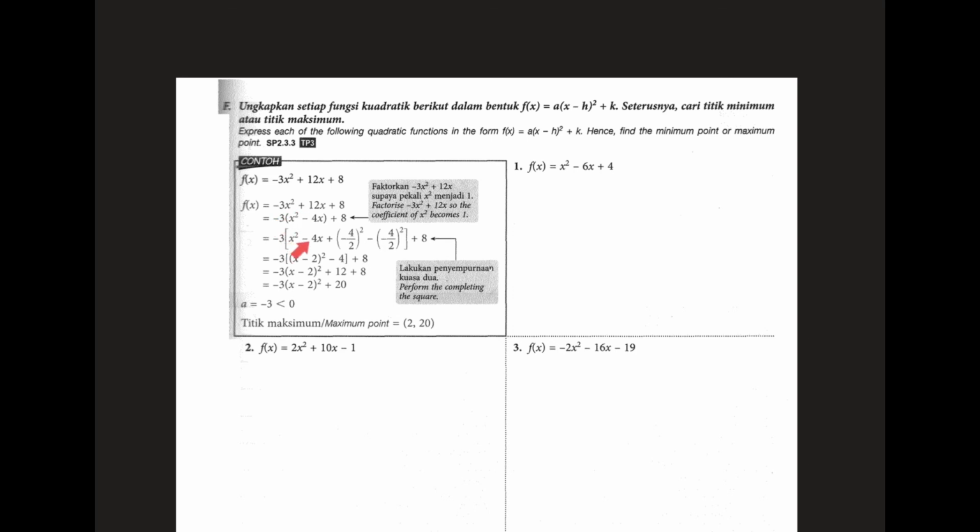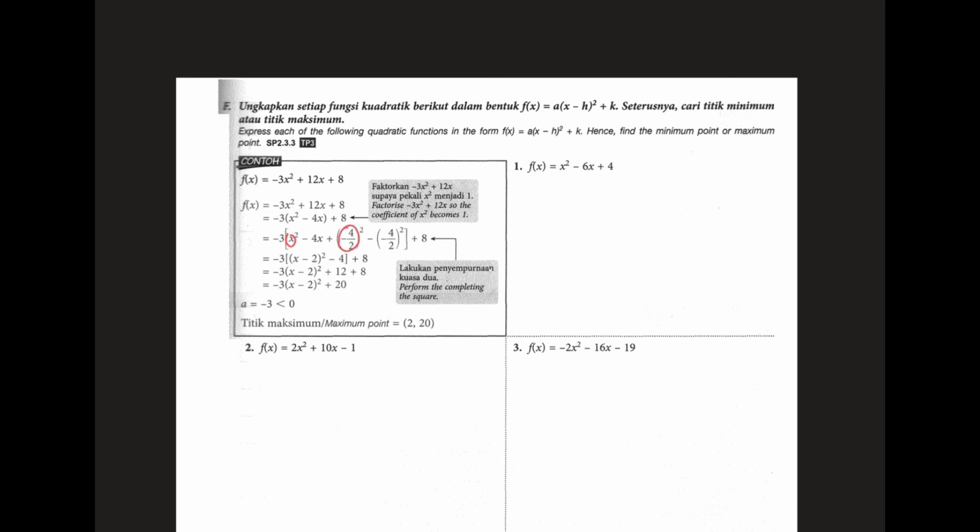So after that, your b is negative 4. So you take b over 2, minus b over 2 squared. Put it after the second term. Then they factorize. You see they are using the shortcut also.